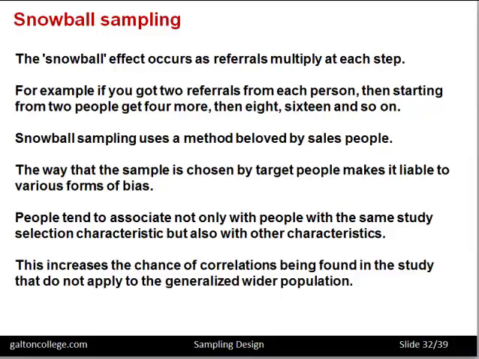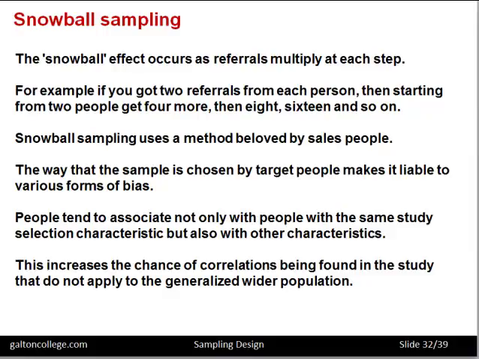So this increases the chance of correlations being found in the study that do not apply to the generalized wider population. That is the downside of what I've just said. It is possible with referrals that my friends' friends may still have some characteristics in common with me.